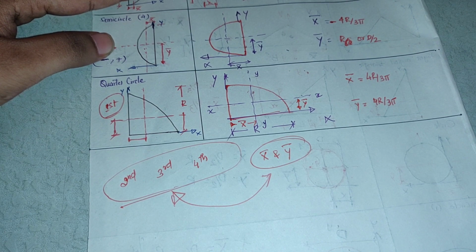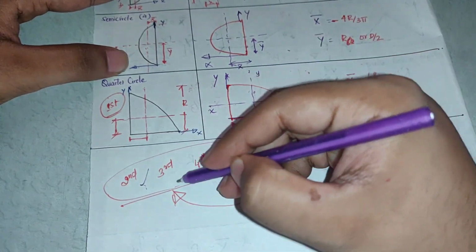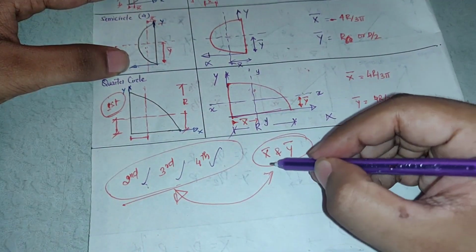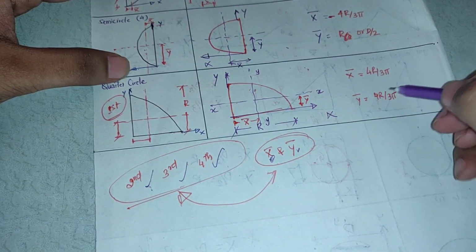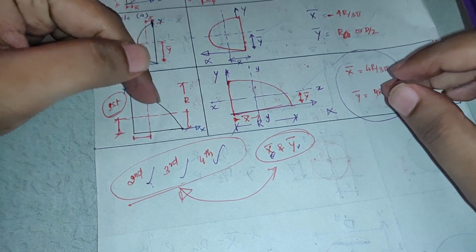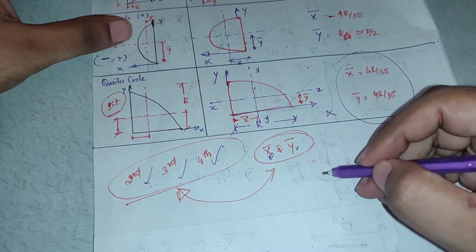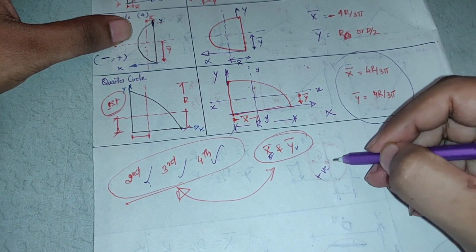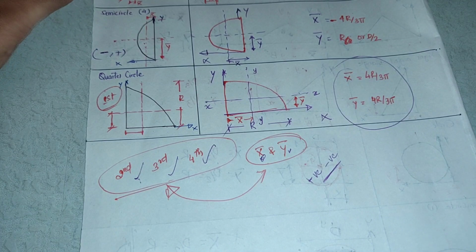In the same way, you have to place the orientation of the quarter circle in the second, third and fourth, and just tell me the value of x bar and y bar. You need not derive, because the value of x bar and y bar for a quarter circle will be this. It will not change. The only change will be the sign conventions, plus or minus. You have to find that. Okay. Hope you followed this part. Thank you very much.